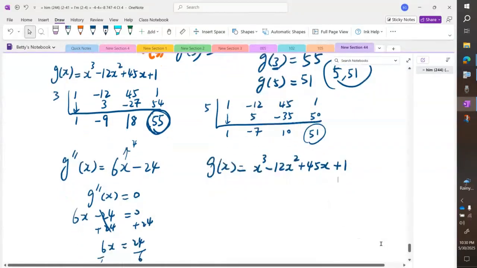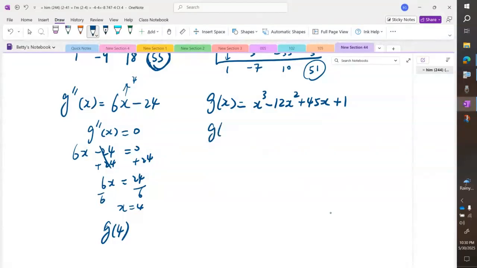To find g of 4, unless you really enjoy just plugging in, we're going to use the synthetic method again. 1, negative 12, 45, 1. Put a 4 here.